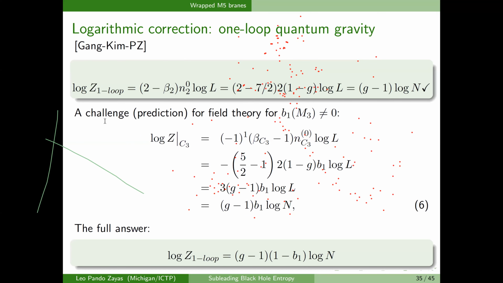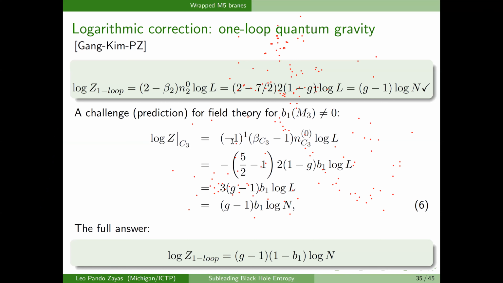Moreover, at that time, I issued a challenge to the field theory community because the computations require that the first Betti number of this hyperbolic three-manifold be vanishing. But if it is non-vanishing, I know what I need to do. I also have a three-form in supergravity, and now I can form a three-form zero mode by using a one-form from the hyperbolic three-manifold and the two-forms that I already had.